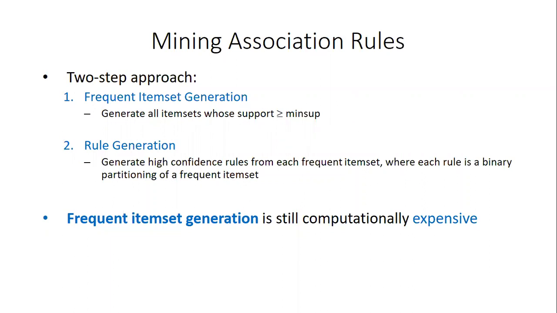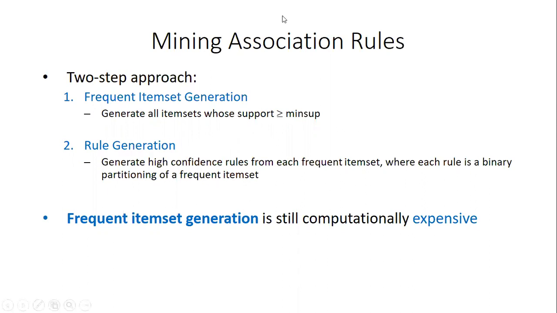To mine the association rules, we have a two-step approach. The first step is to find the frequent item sets, or frequent item set generation, and the second step is to generate the association rules.